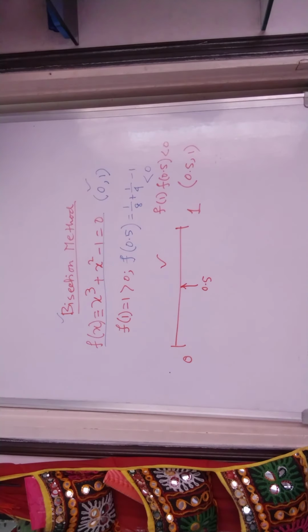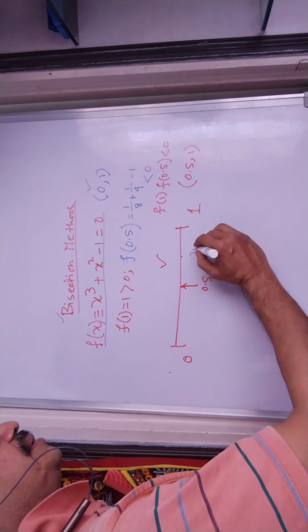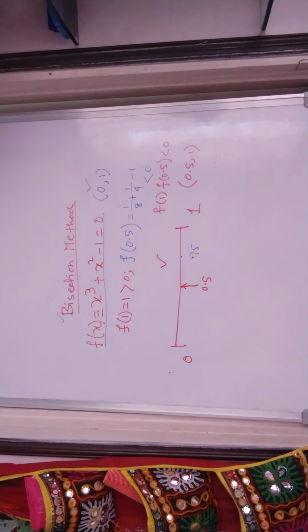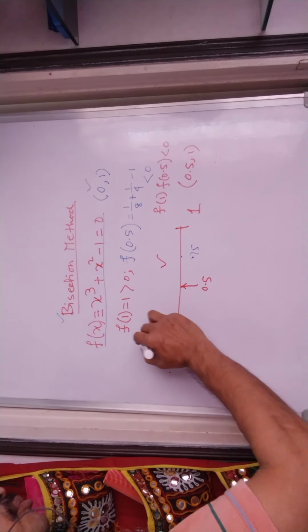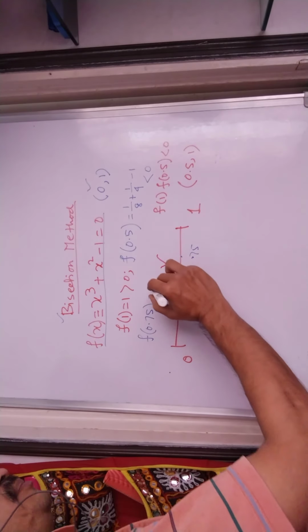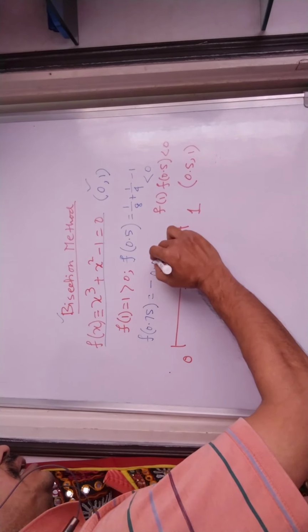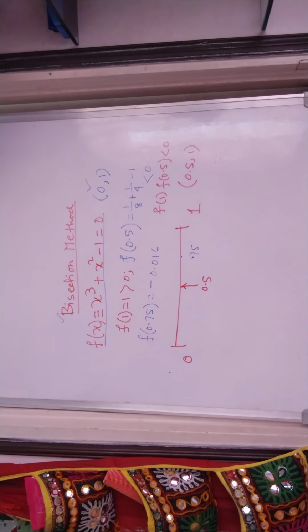Now what is the middle point? We can easily find that the middle point is 0.75. So we tend to find the value of f(0.75). And it becomes minus 0.016.